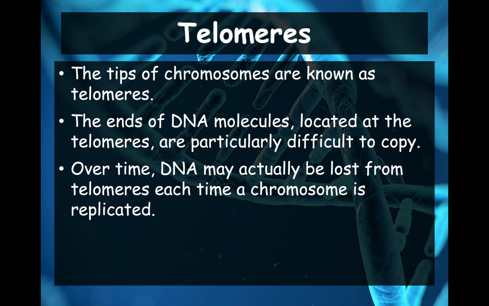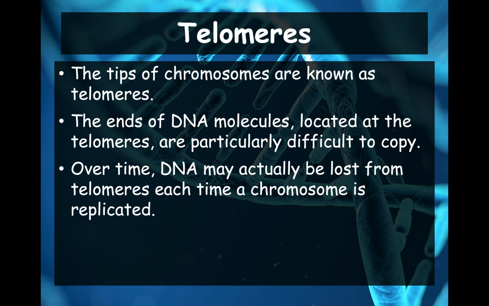So the next thing that I want to talk about is telomeres. The tips of chromosomes, and remember chromosomes are just coiled up, densely packed DNA, are known as telomeres. The ends of DNA molecules located at the telomeres are particularly difficult to copy.